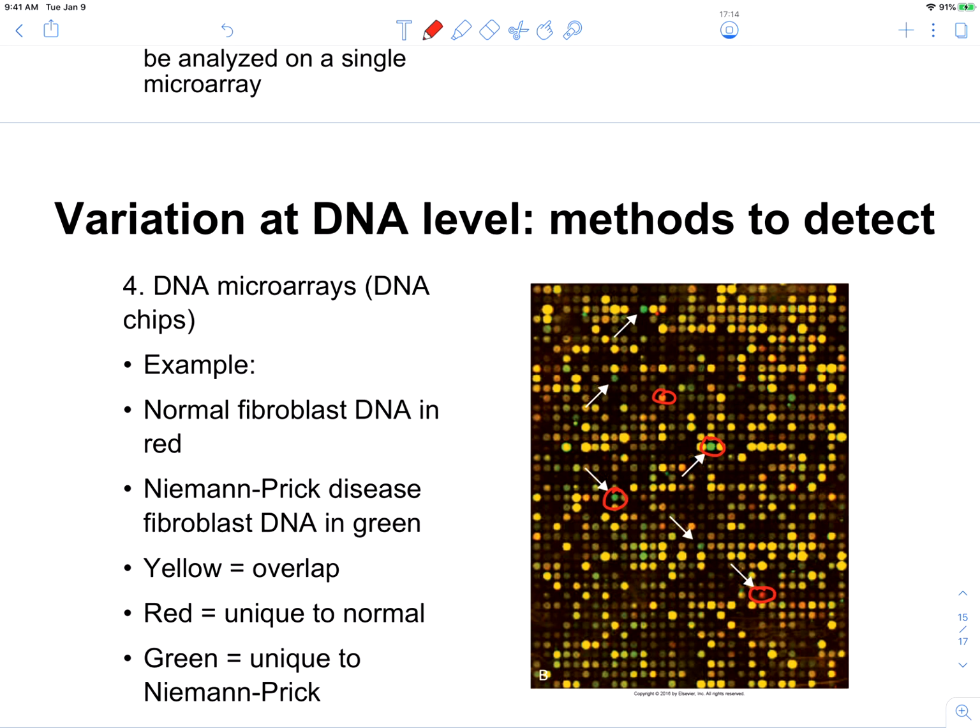So you can go back to that spot on the microarray and say, okay, what sequence is glowing green and what is the function of whatever that protein is at that particular location. So it's a very powerful method to identify proteins or sequences that are unique to a specific disease. All these greens would be unique to Niemann-Pick disease, so those would be what you would try to focus in on as causing the symptoms of the particular disease.